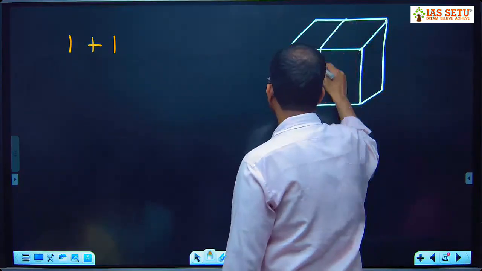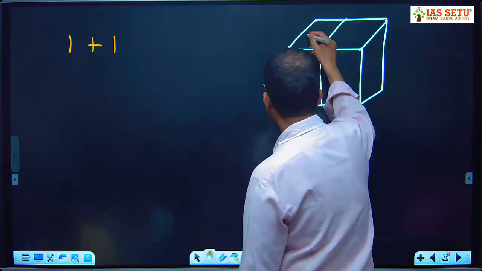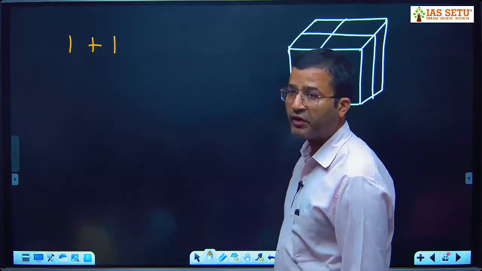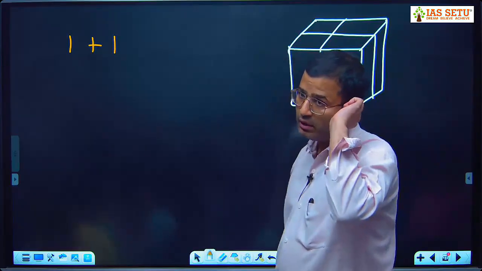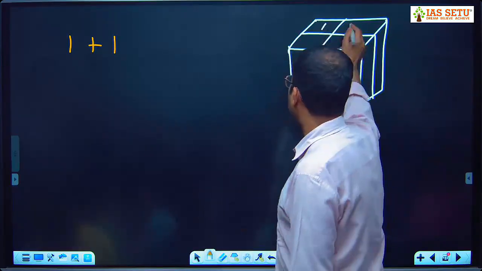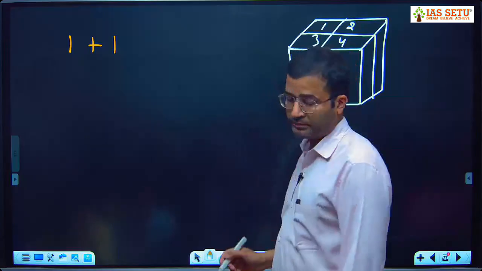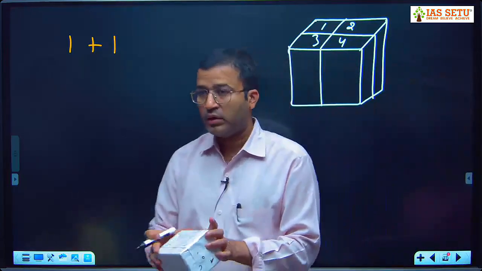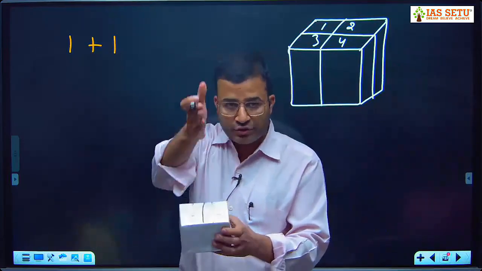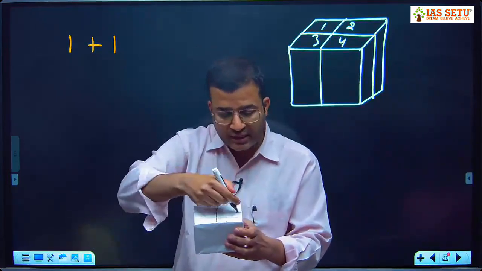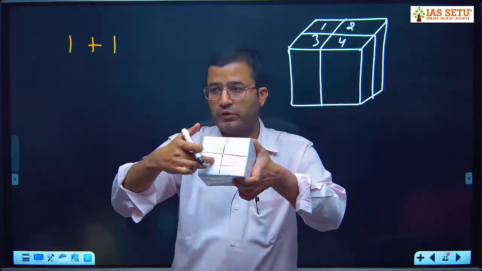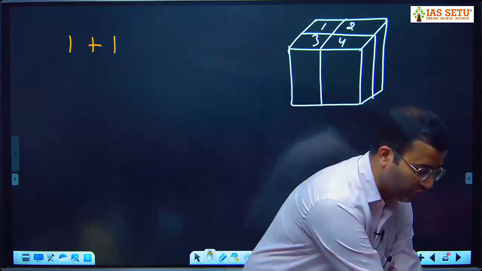So this is the first cut on this axis, the second cut on this axis. Different axis. So there will be 4 pieces. 1, 2, 3, 4. We will check here. If we make one cut on this axis, second cut along this axis, there will be 4 pieces. 1, 2, 3, 4.